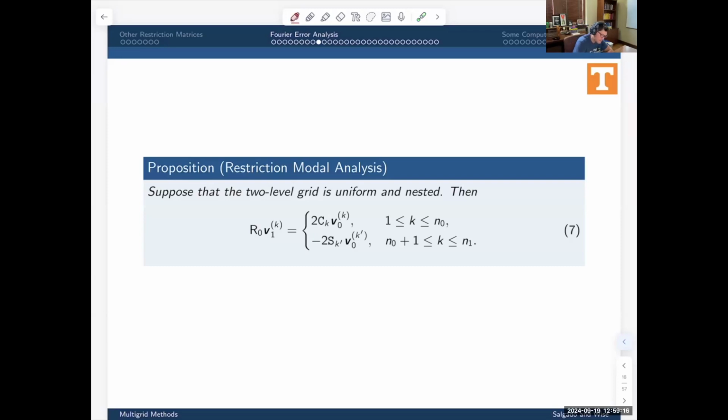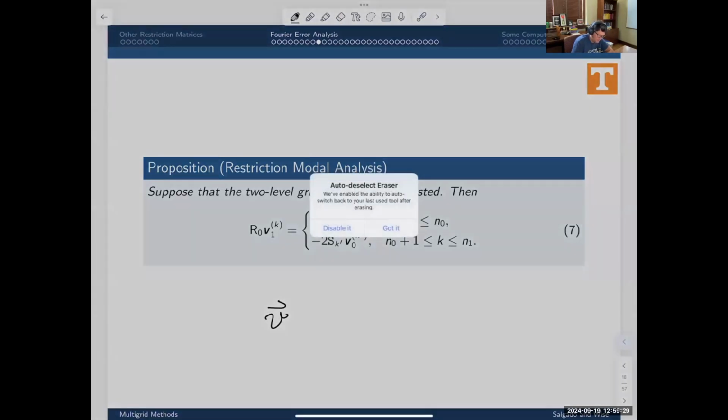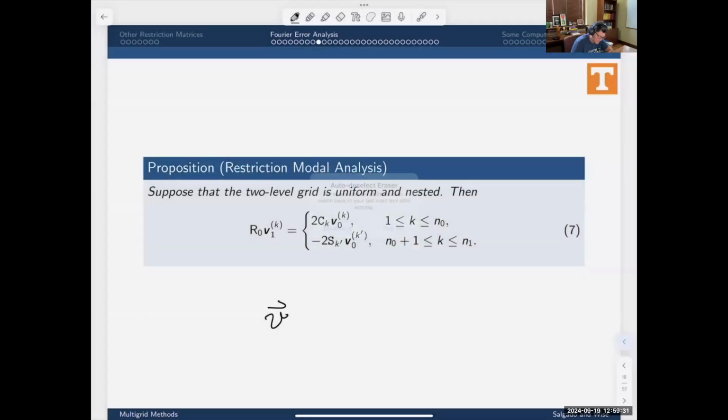Remember, anytime we want to talk about a coordinate representation of something, that's a vector, and we usually write it like this. Or if I want to specify that it's on some generic level L, I'll say it like this. That's connected to a finite element function, which we'll call v_L, through the basis B_L.